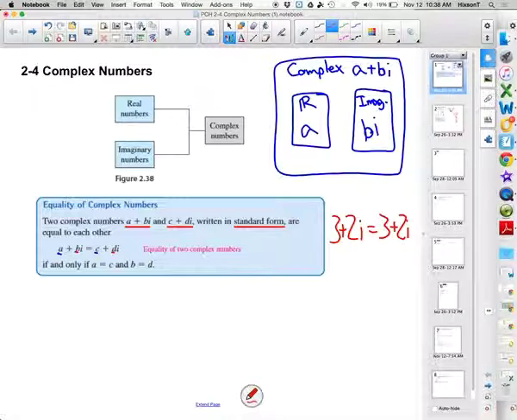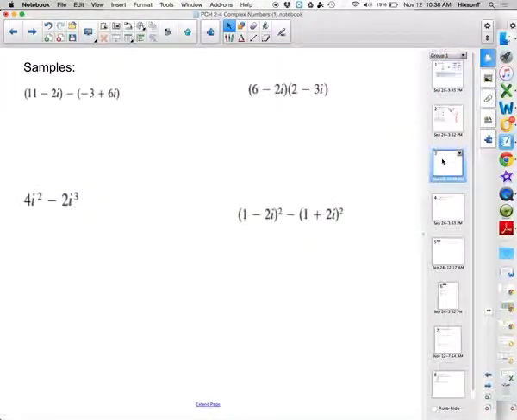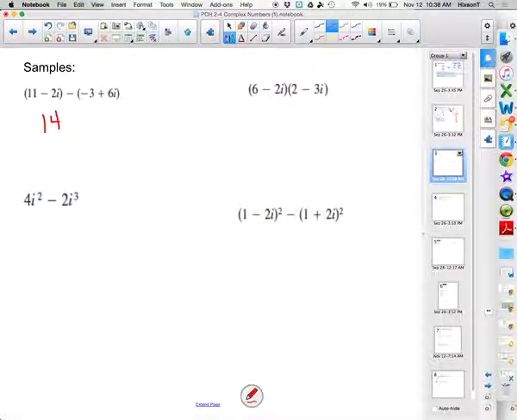So, for example, if I were doing any of these operations, I would treat it just like I would treat an x. Here, if I were combining these, I have 11 minus a negative 3, that's 14. I have negative 2i minus 6i, that's a minus 8i. Can I put these together? No, they're not like terms. One's real, one's imaginary. Okay, so there's my solution.